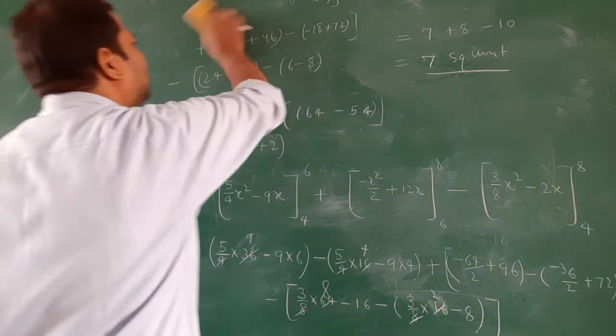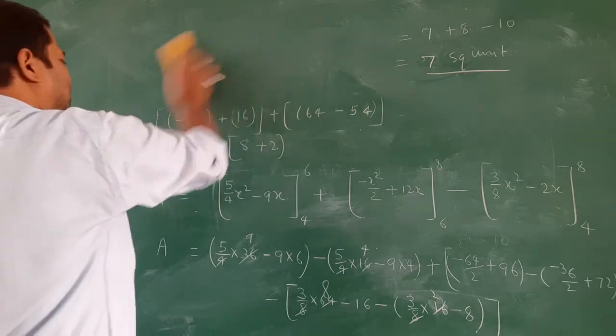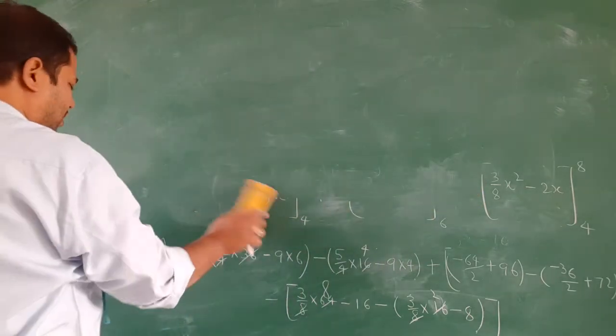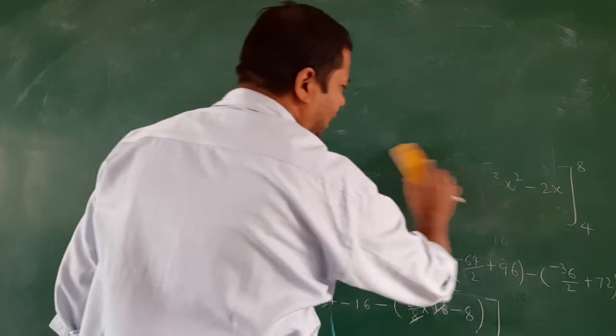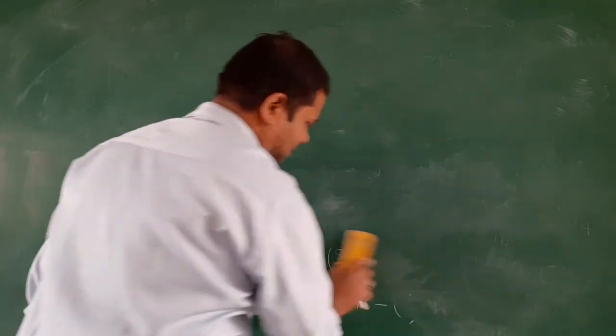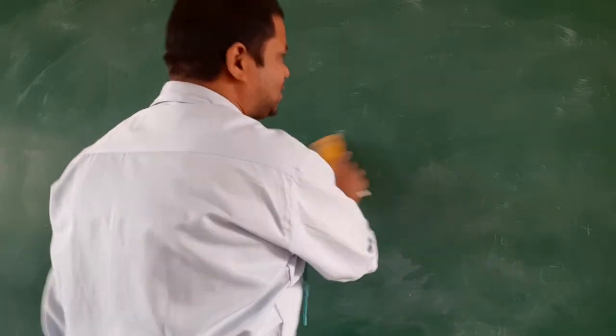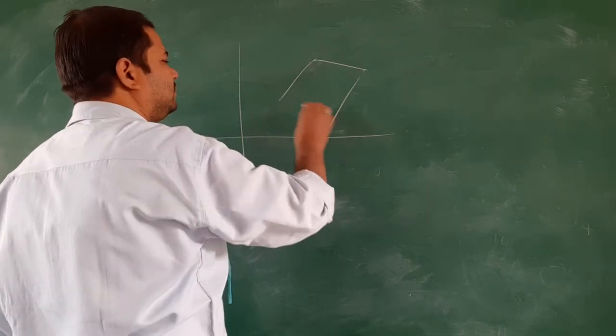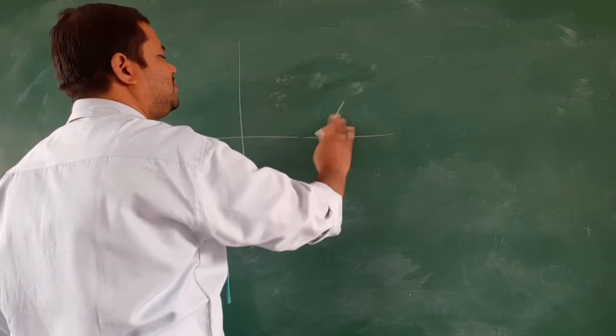What is the concept? For finding the area of a triangle whose vertices are given, or equation of line is given from which the triangle is formed, the concept is very easy. See, suppose this is the triangle.